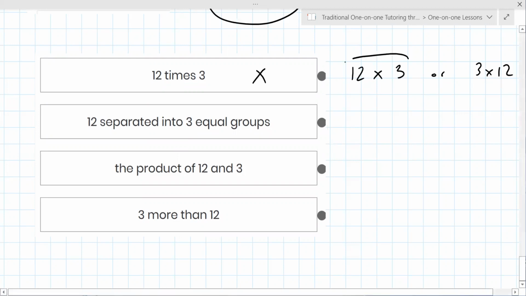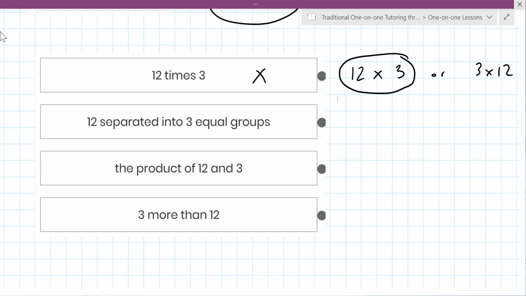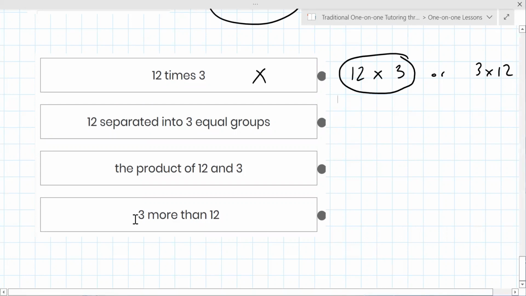The way this is written, it's this first one, but the truth is that the order doesn't matter for multiplication. Multiplication and addition, the order does not matter, but for division, it does. How about any of the rest of these 3?